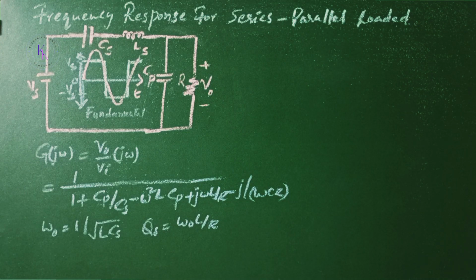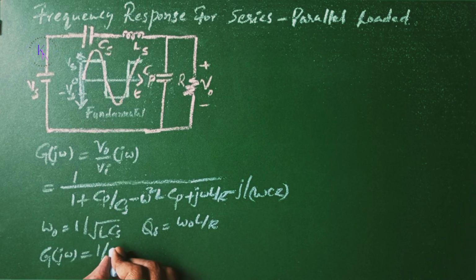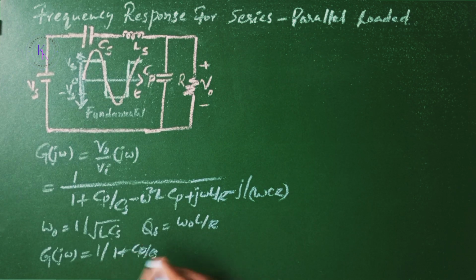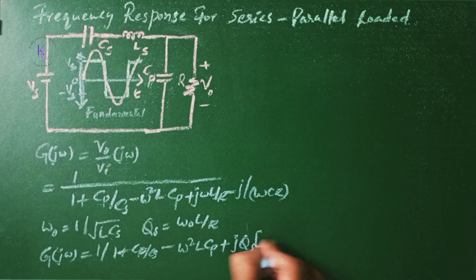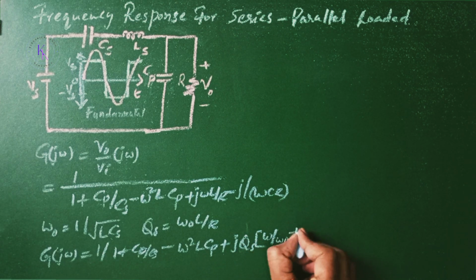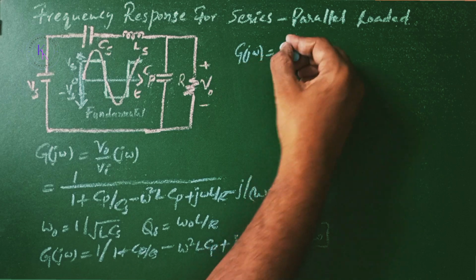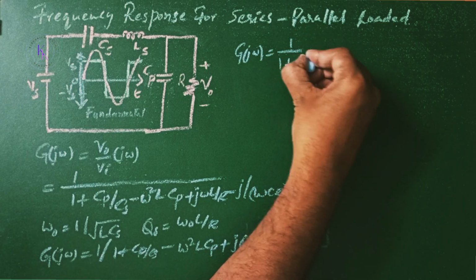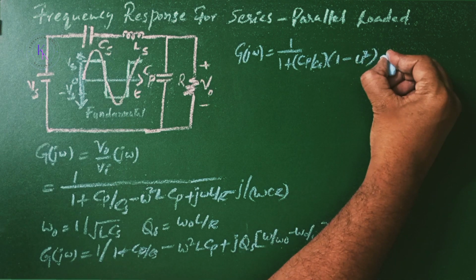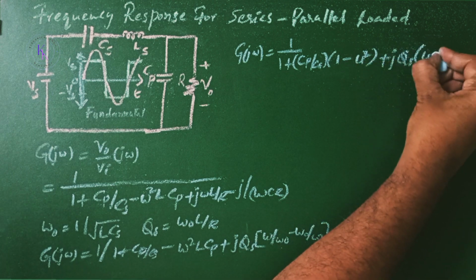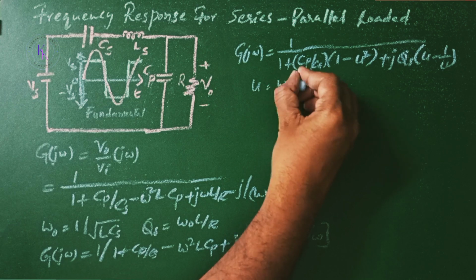Then substituting this, we get M(jω) equals 1 divided by 1 plus Cp by Cs minus ω² L Cp plus jQs of ω by ω0 minus ω0 by ω, which equals M(jω) equals 1 divided by 1 plus Cp divided by Cs of (1 minus u²) plus jQs of (u minus 1 by u), where u equals ω0 by ω.